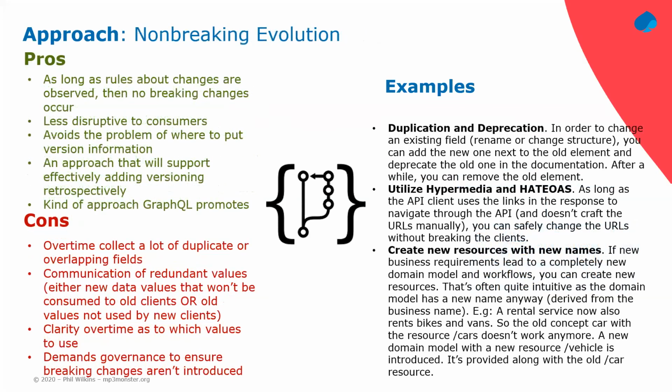And then my favorite, which is called non-breaking evolution. And what this does is basically takes a principle that's actually embodied into some of the newer API technologies like GraphQL, amongst others, and says, okay, you can change your API, but you do it in a particular way.